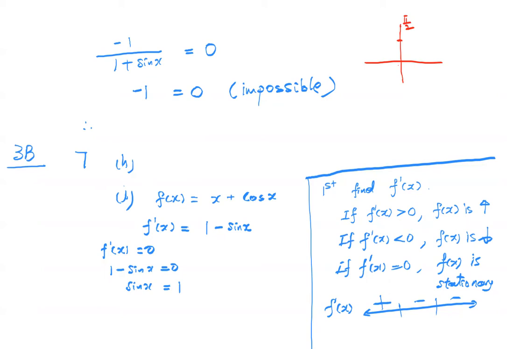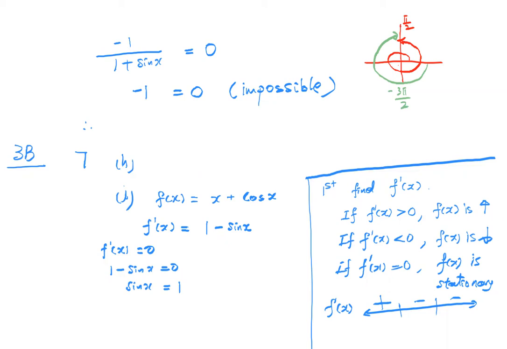Then it can go 2 rounds. So the first answer will be pi by 2, and it can go negative also. The x also can go negative, go like that. So this is called negative 3 pi by 2. 3/4 means 3 pi by 2, 1/4 is pi by 2. Understand?